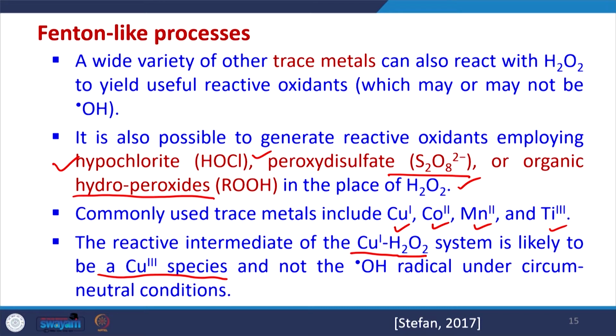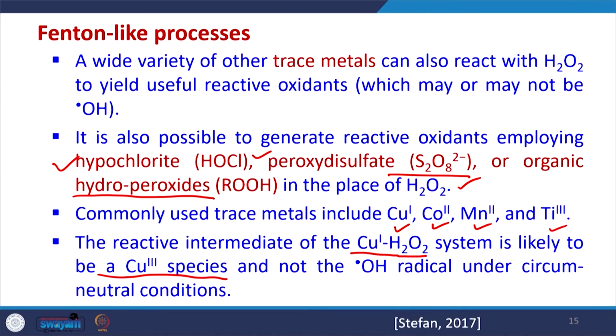It may be possible to produce OH radical under certain conditions. It is also possible that other types of radicals are generated. All these radicals will react with the organic compounds present in the water, and thus mineralize them into CO2, H2O, etc. These are called Fenton-like processes.